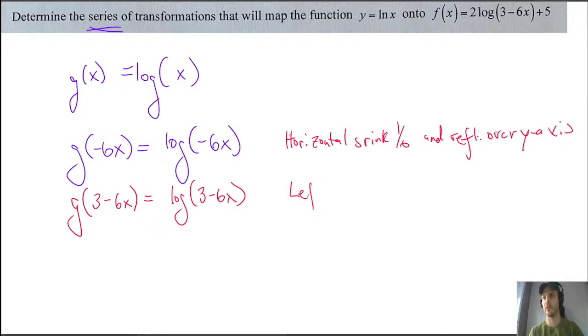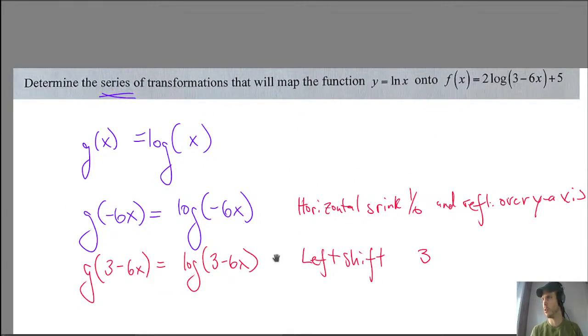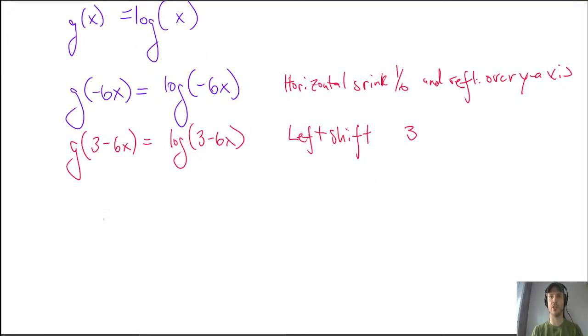Okay, so left shift 3. And we can talk about how I memorize these. Then outside we're just going to do the order of operations, so remember 2 times g of 3 minus 6x.